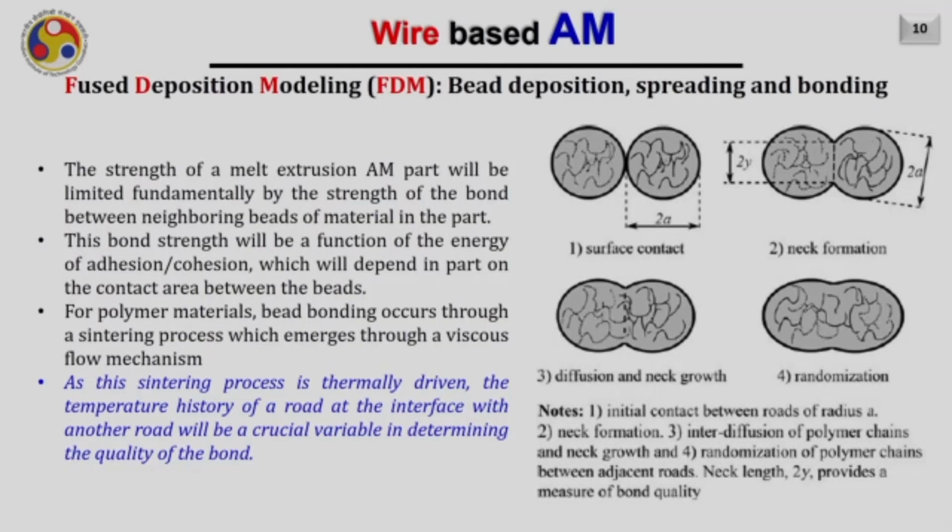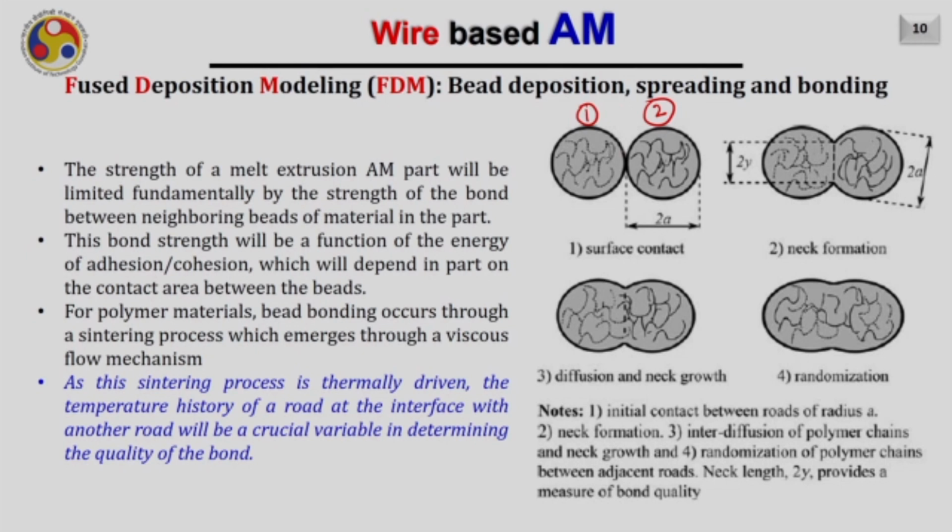Now, let us try to understand the bonding phenomena in the deposited beads. The strength of the melt extruded additive manufacturing part will be limited fundamentally by the strength of the bond between the neighboring beads of the material in the part. So, this is, for example, deposited bead 1 and this is bead number 2.